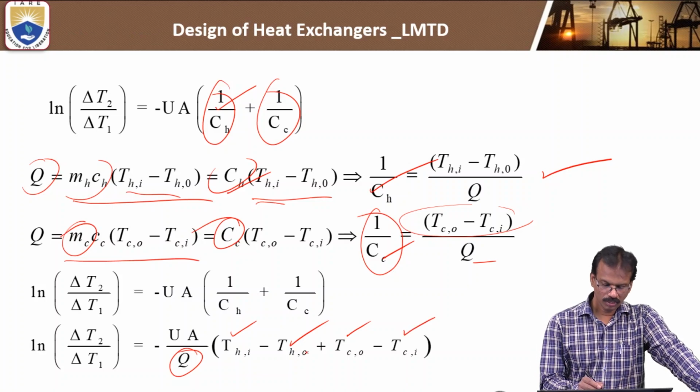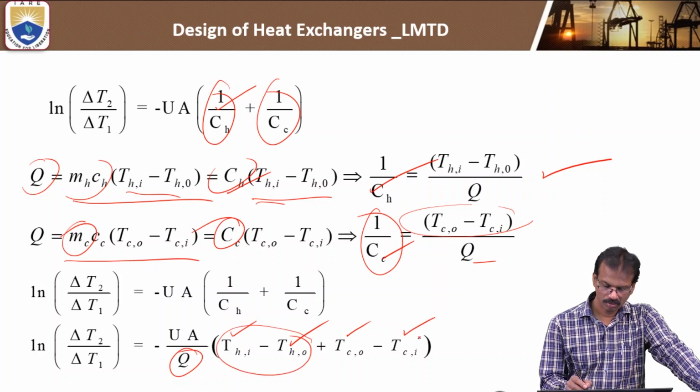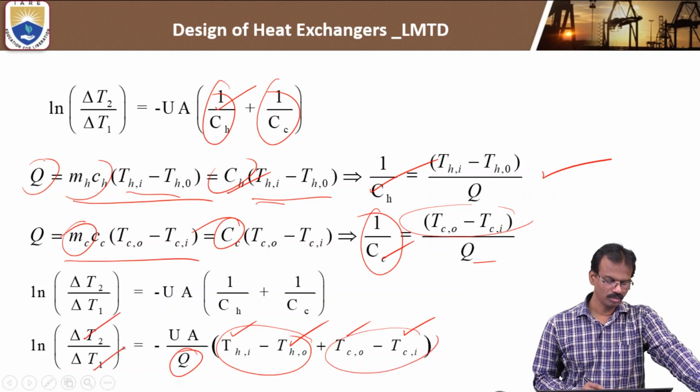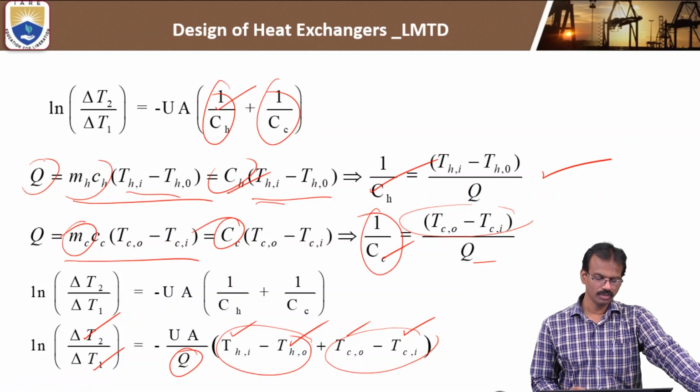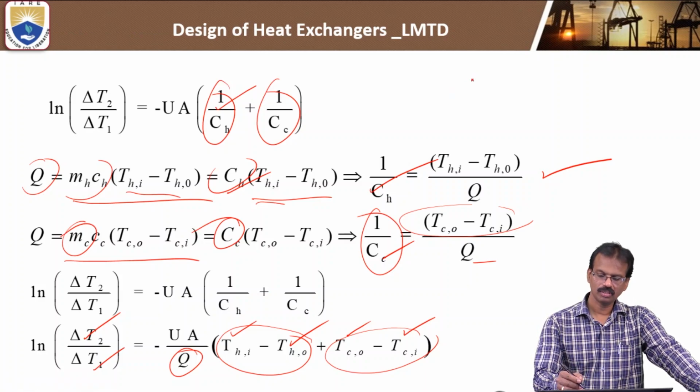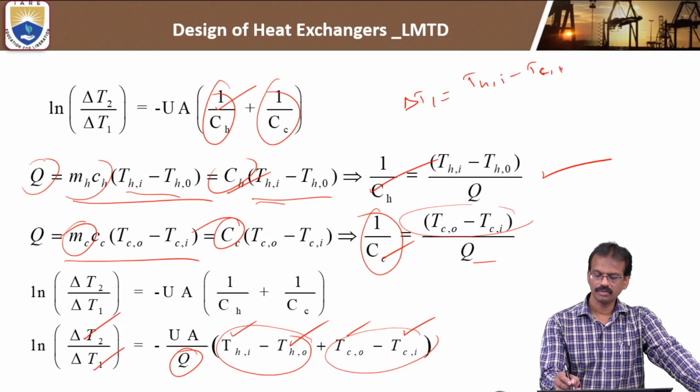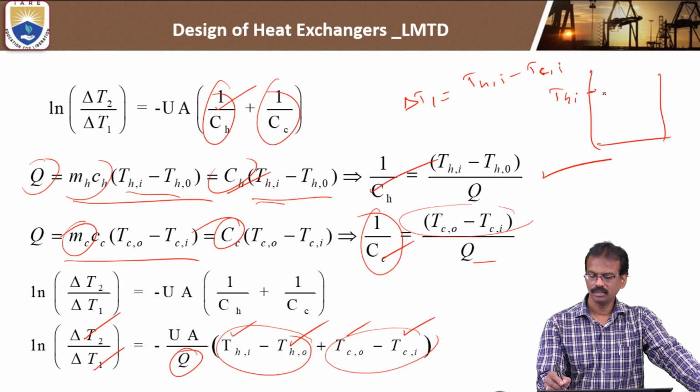Okay, so these temperatures we can convert into delta T values, because you know from the temperature profile that the hot fluid inlet decreases to the hot fluid outlet, and the cold fluid inlet increases to the cold fluid outlet. So this is delta T1, and this one is delta T2.